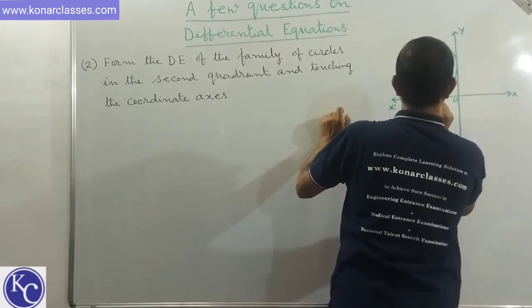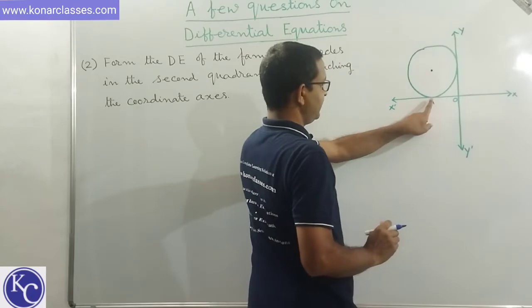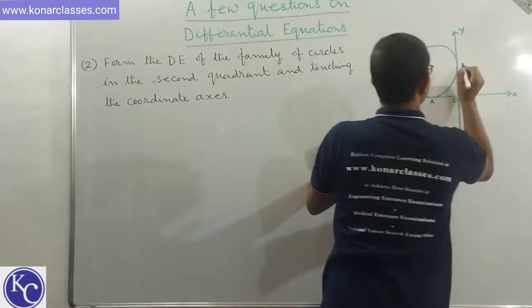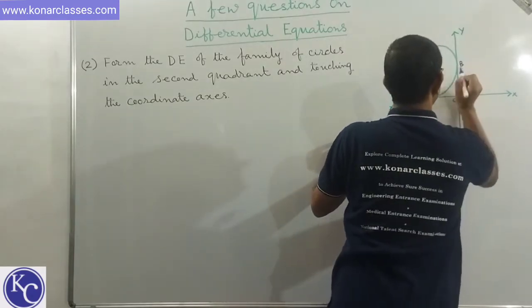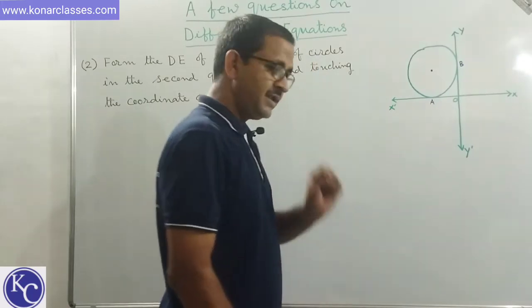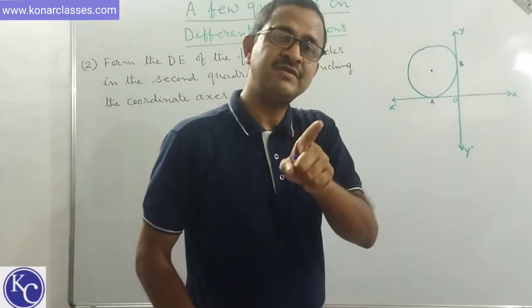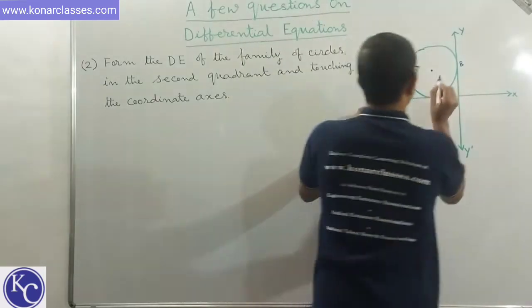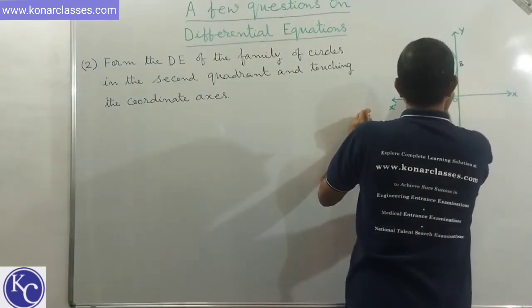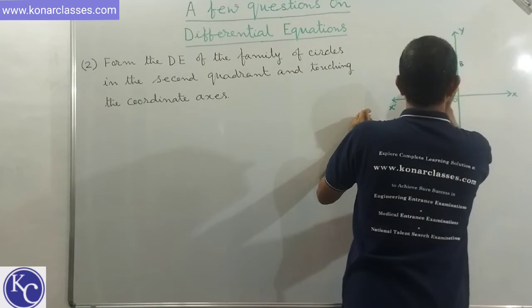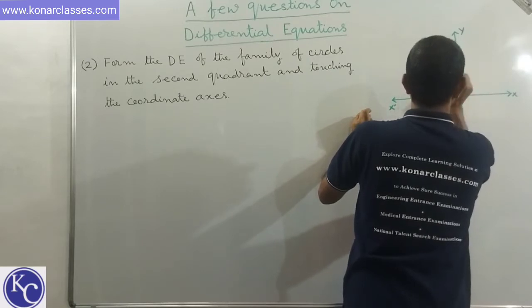Now suppose this point is A, where it touches the x-axis, and this is the point B where it touches the y-axis. Let's assume this particular circle's radius is a. So this distance is a, this distance is also a, correct?